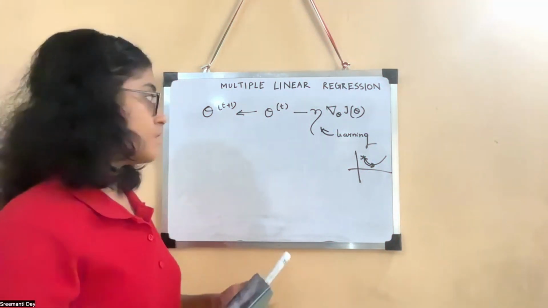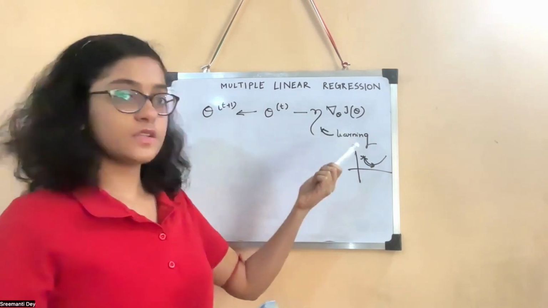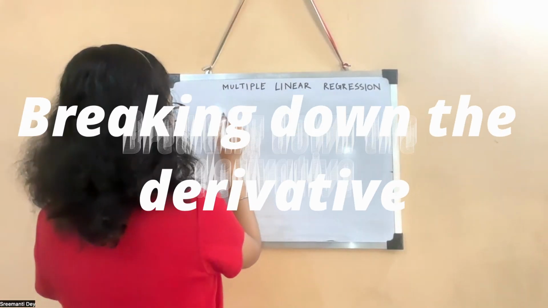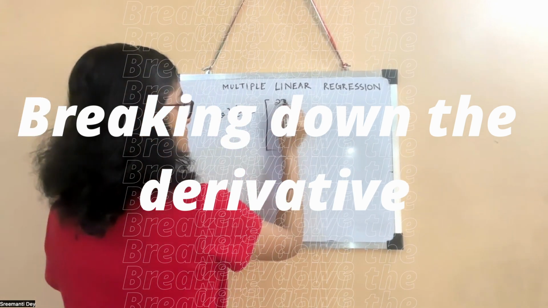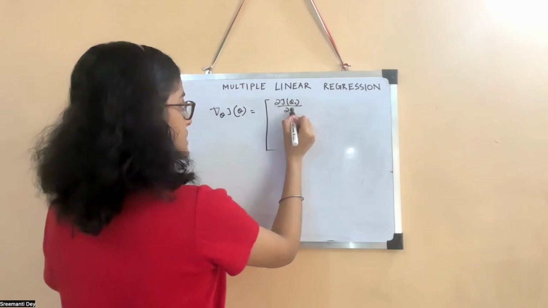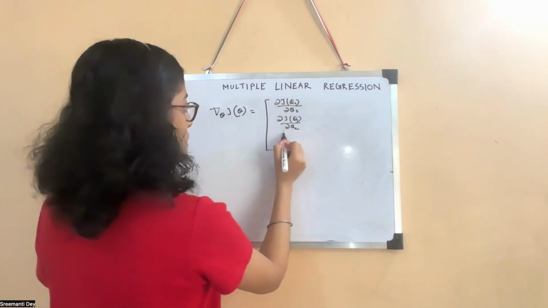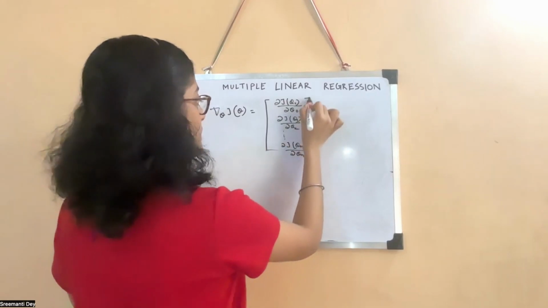Now we are going to break this down. This is the toughest looking thing in this formula. So what is this and why is it creating problems in our life? It is dJ by d theta 0, dJ by d theta 1, up to dJ by d theta n.